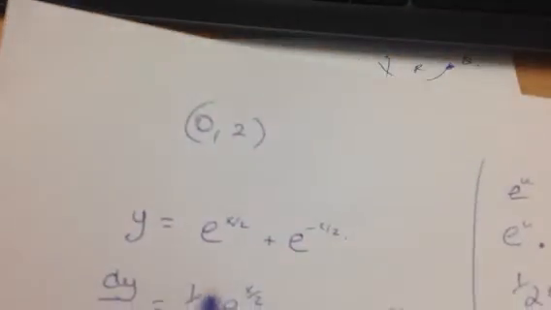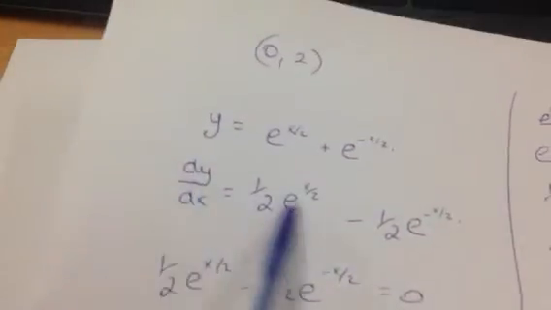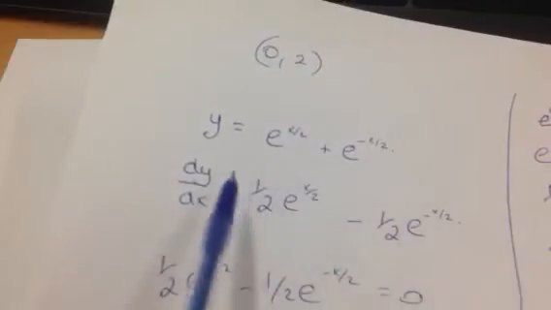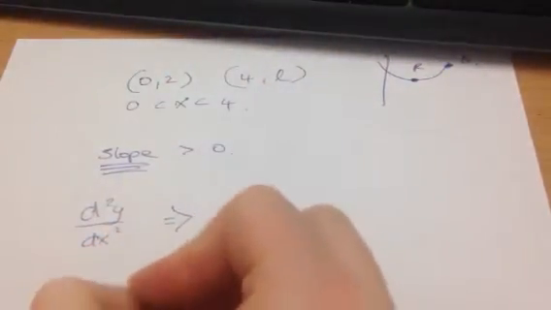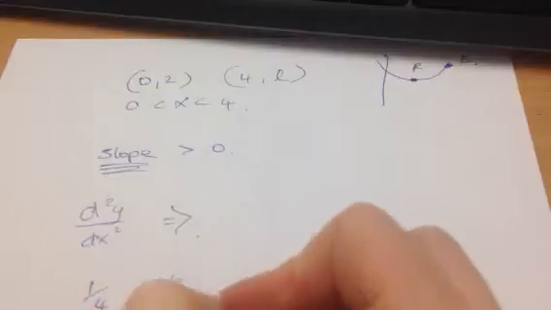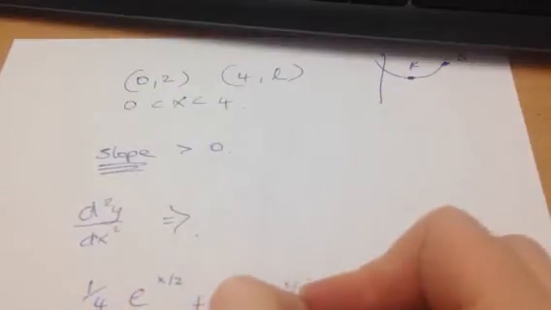So if that's my original and that's my differentiation of it, then I need to differentiate this. Again, I'm going to use my chain rule, and I'll end up with a quarter e to the x over 2 plus a quarter e to the minus x over 2.